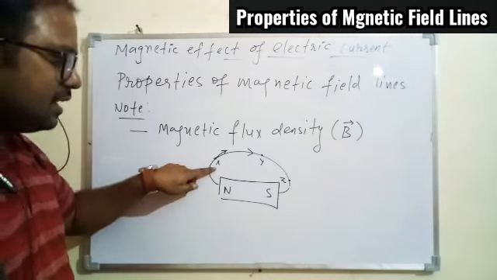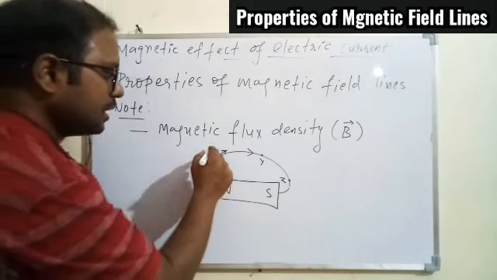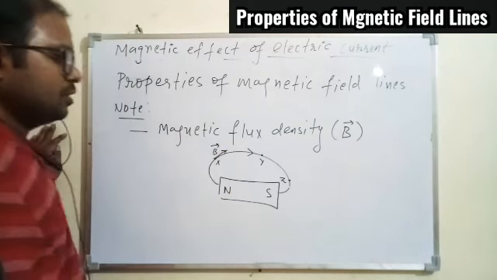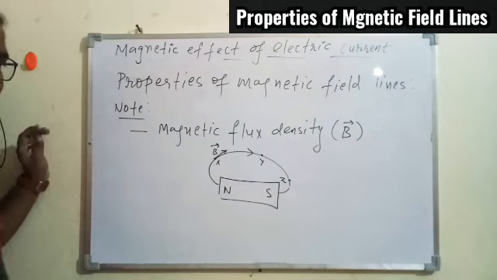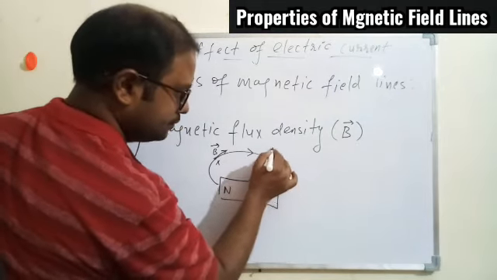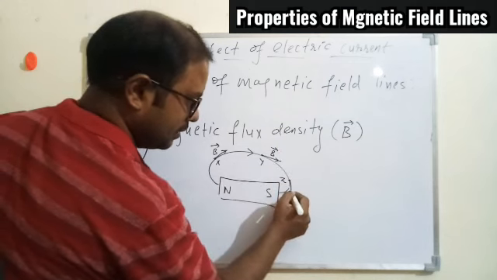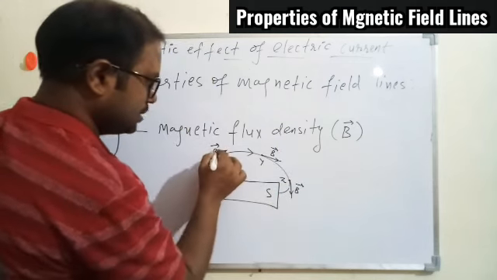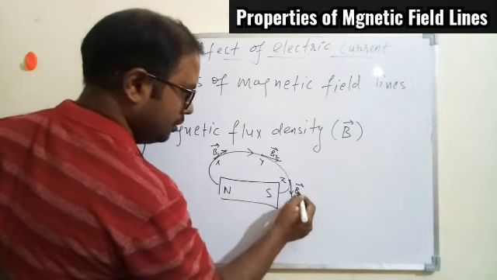So if you draw the tangent at point x, that will give you the direction of the magnetic field strength or the magnetic flux density. At y, if you draw the tangent, it will come this side. If I draw the tangent here, it will come this side. So let these be B1, B2, B3.